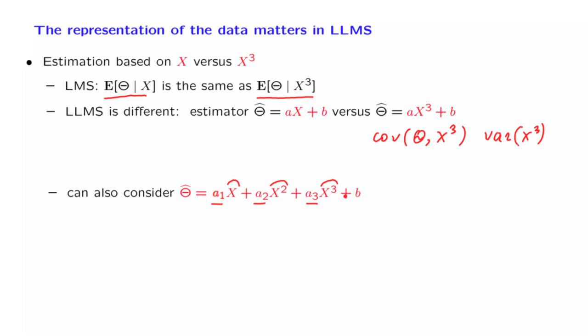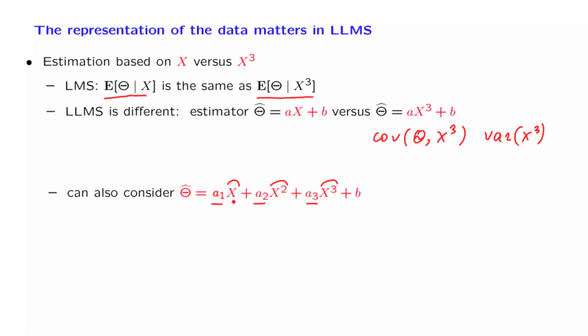This is a more general class of estimators than either this one or that one. So within this class, we should be able to do even better. On the other hand, we will have to pay a price that this is a more complex structure. It will be more difficult to find the optimal coefficients, and also we're going to need higher order moments or expectations related to the x's and the thetas.